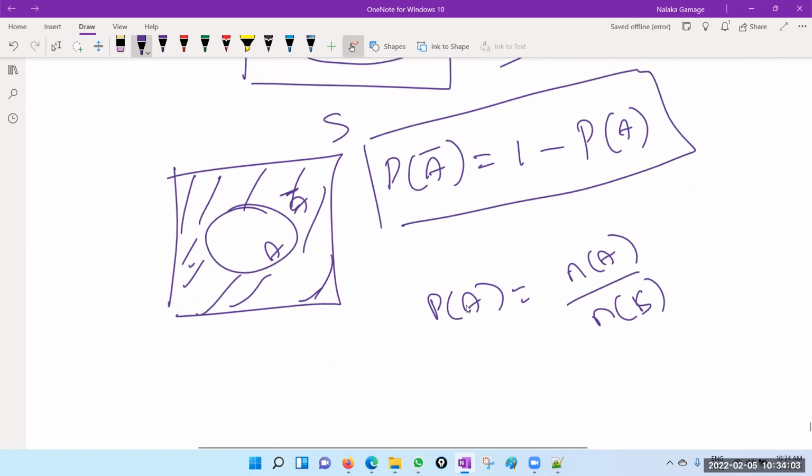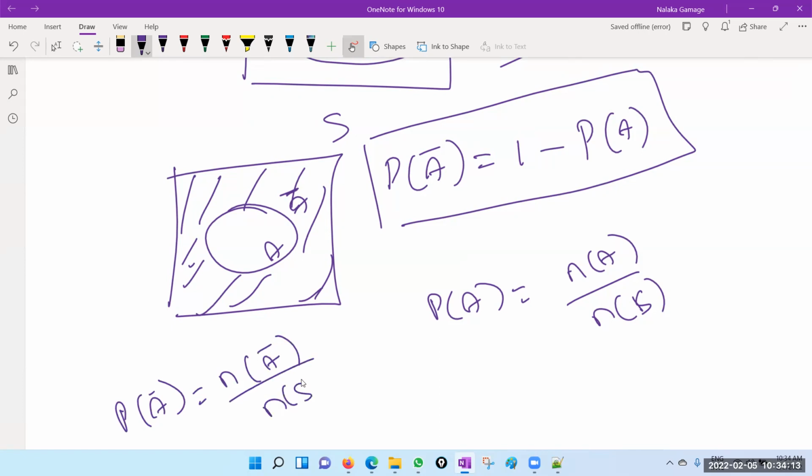So if probability of A is NA divided by NS, probability of A not happening is NA bar divided by NS. And we know that NA bar is NS minus NA, since we subtract from the number of sample space elements.